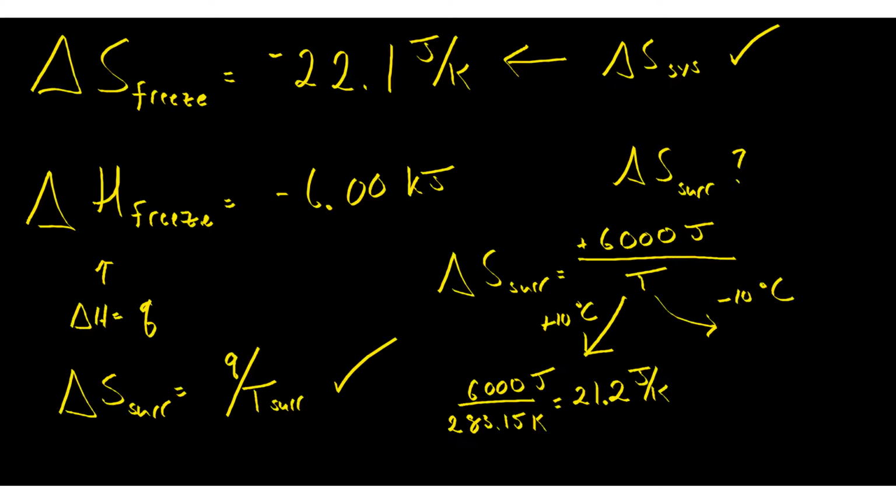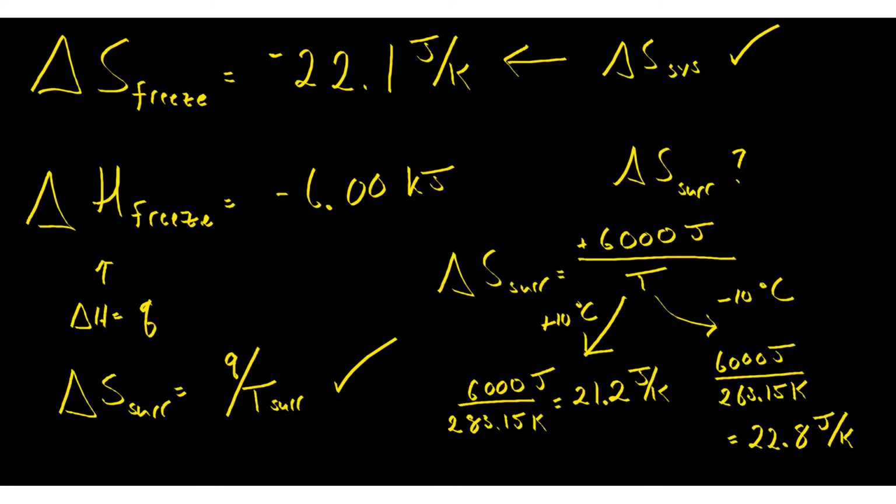Okay. So 6,000 joules divided by 283.15 Kelvin gives us 21.2 joules per Kelvin for the entropy change of the surroundings at positive 10 degrees Celsius. And at negative 10 degrees Celsius, it's 6,000 joules divided by 263.15 Kelvin, which is 22.8 joules per Kelvin.